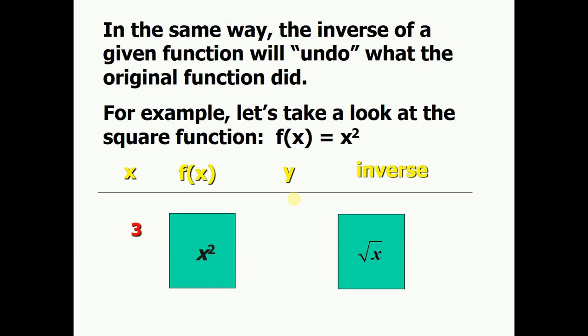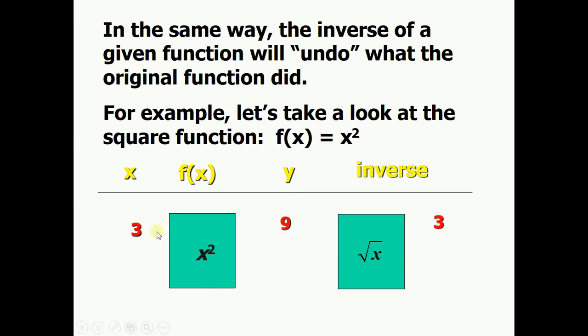So let's take a look at the squared function. f of x equals x squared. If I put an x value, 3, into x squared, substitute it, I'm going to get 9 for my resulting y value. If I run that through the inverse function of x squared, which is the square root of x, I get 3 again.